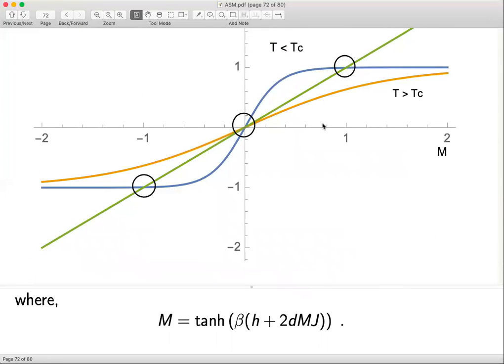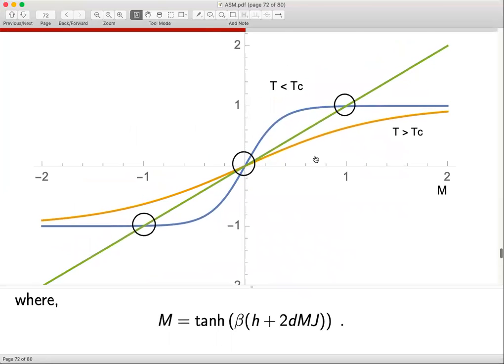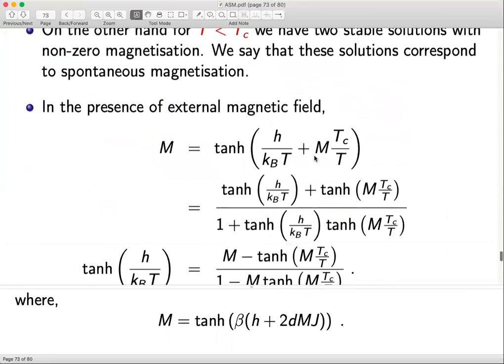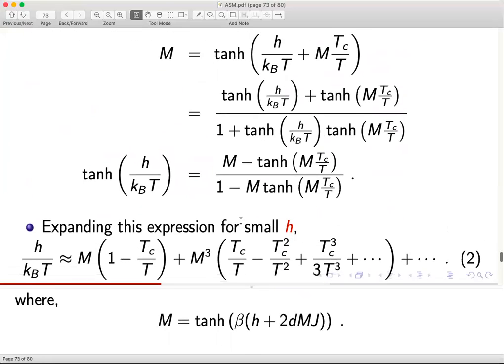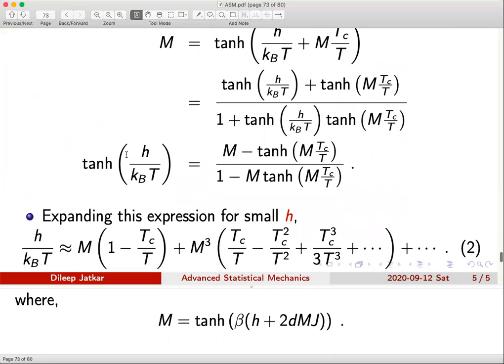This graph, of course, is when H is set to 0. Let's try to ask how this expression pans out when one takes the external magnetic field to be small. If the external magnetic field is small, then we could expand these quantities on both sides.